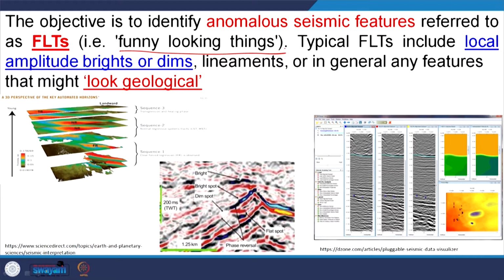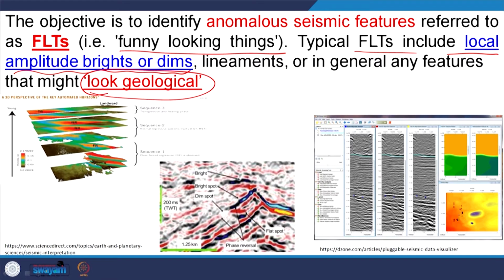So everywhere there is a change in amplitude in a seismic profile as we move from surface to depth. The typical FLT includes local amplitude brights or dims, lineaments, or in general any features that might look geological. That is very important.